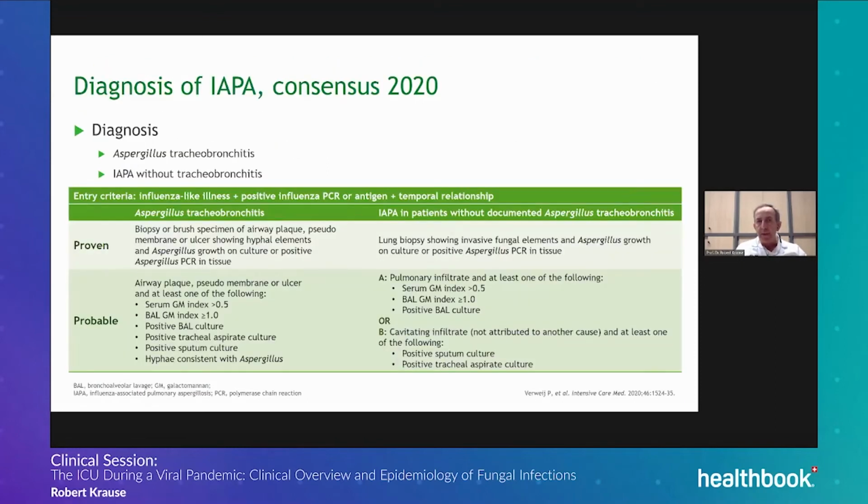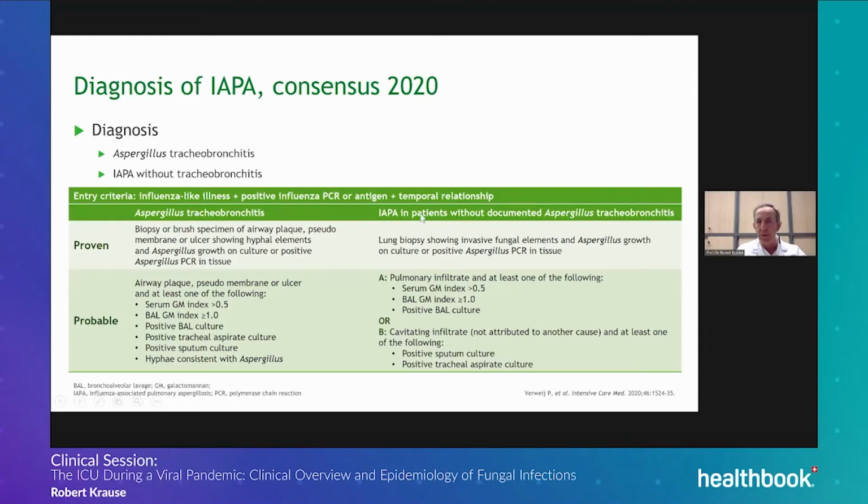Let me now come to the diagnosis of viral infection-associated pulmonary aspergillosis, and I want to start with influenza-associated pulmonary aspergillosis. There was a consensus in 2020, and in this consensus paper, we have 2 entities: the Aspergillus tracheobronchitis and influenza-associated pulmonary aspergillosis without tracheobronchitis.